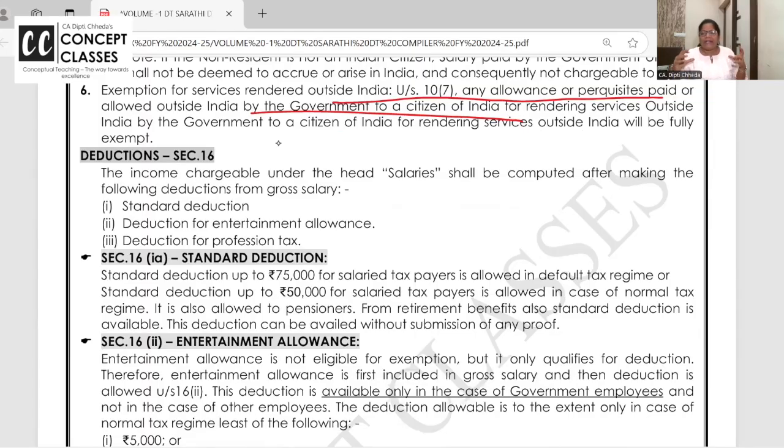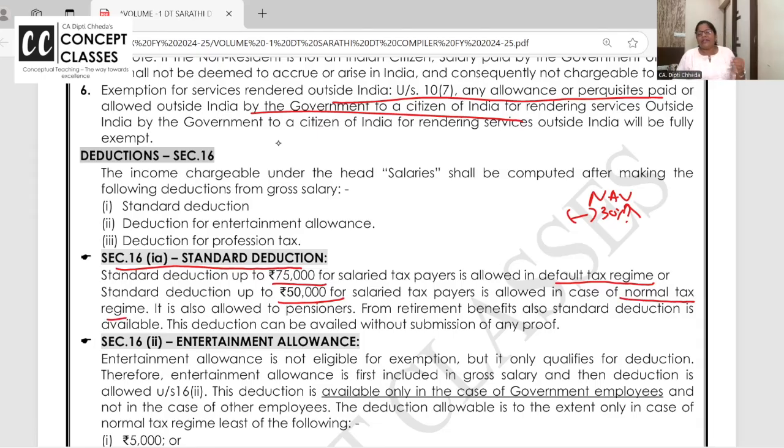Now, very limited deductions are allowed from salary, covered under section 16. The first one is standard deduction. To earn your gross salary, you must have incurred expenses. Just like from NAV we give 30% for a house property. In the same way, standard deduction is 75,000 if you are filing your return in the default tax regime, and 50,000 in case you are filing it in the normal tax regime.